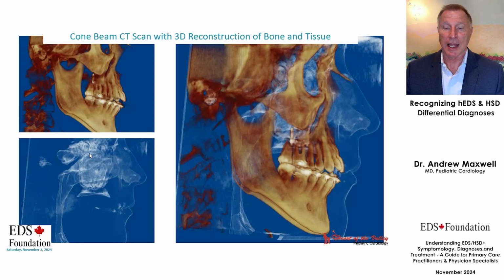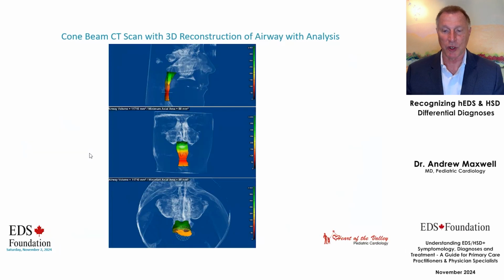In order to look at the airways of these patients, we often do cone beam CT scans, which produce very nice hard tissue and soft tissue imaging, and you can apply a computer program to the airway to look at the adequacy of the airway.